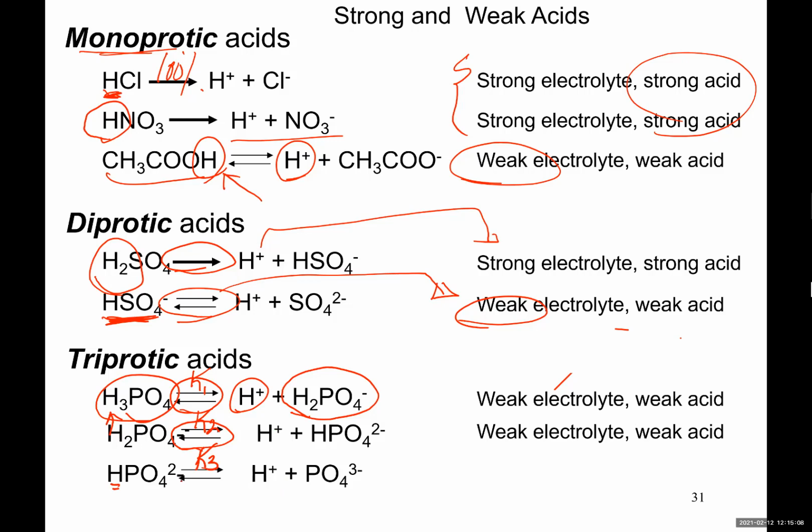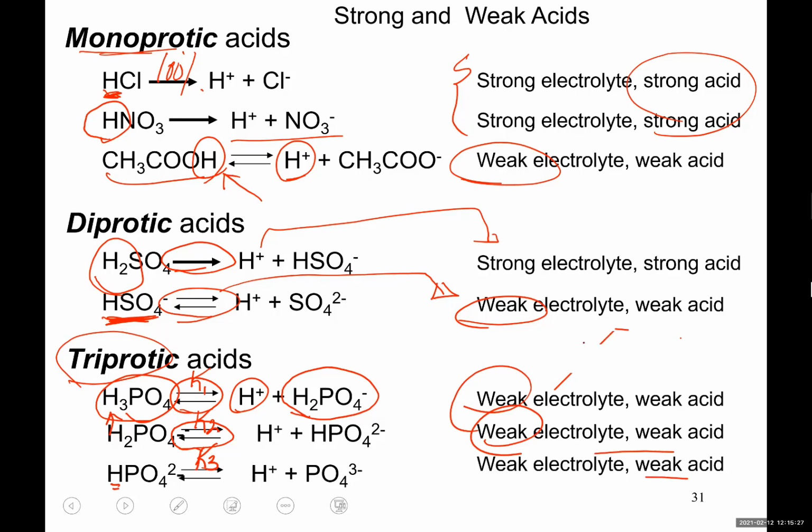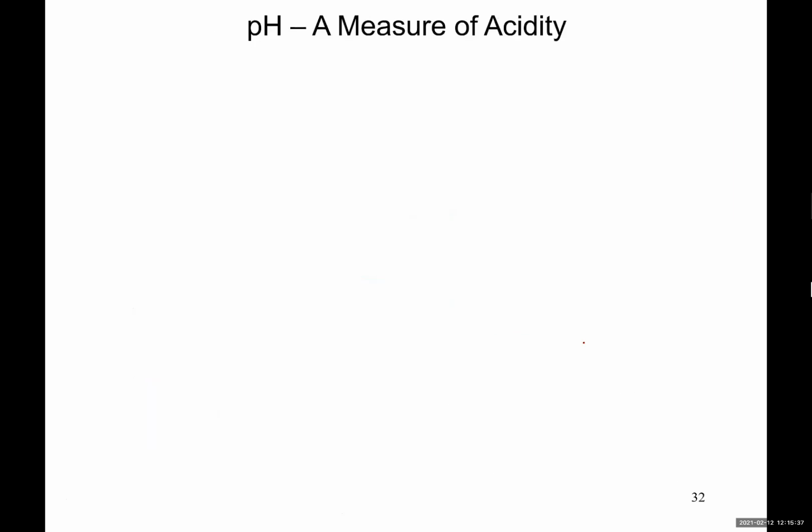Equilibrium number 1 is the strongest, goes more toward the right than number 2. Number 2 goes more toward the right than number 3. So this is a triprotic acid, but it's a weak acid. So 3 hydrogens, triprotic acid; 2 acidic hydrogens, diprotic acid; 1 acidic hydrogen is a monoprotic acid.